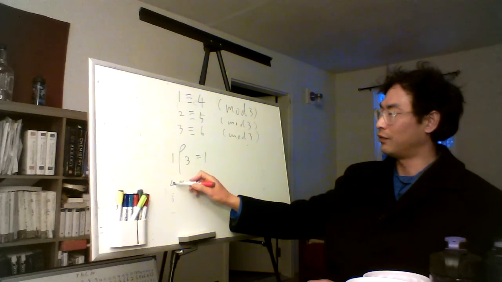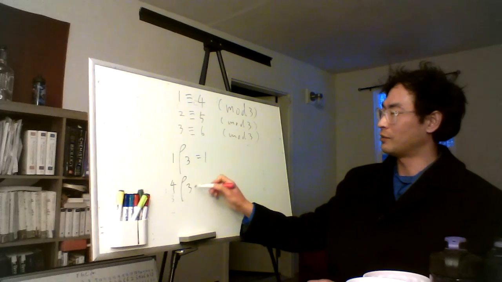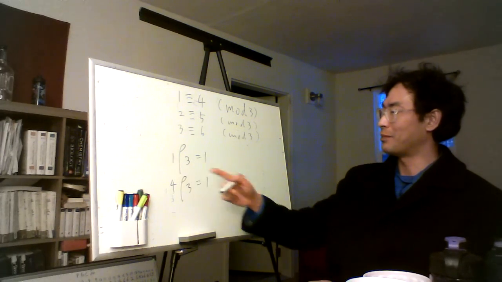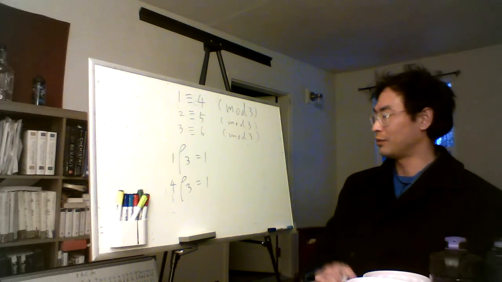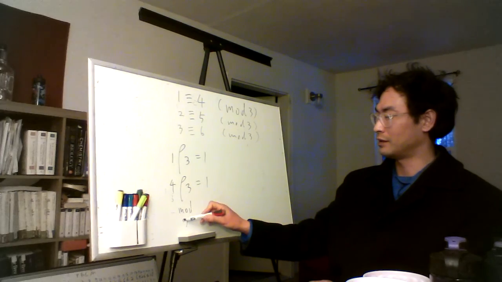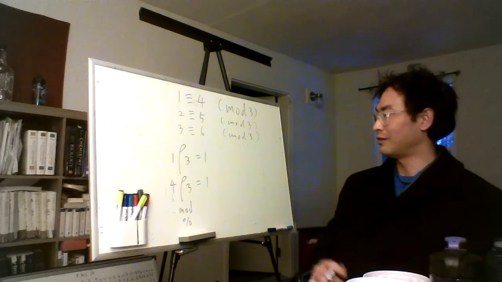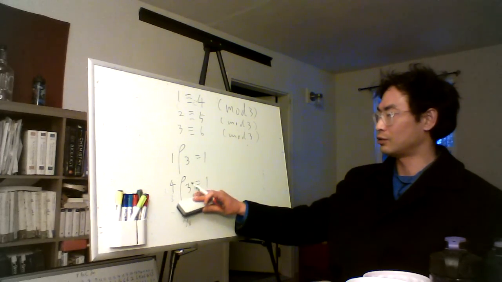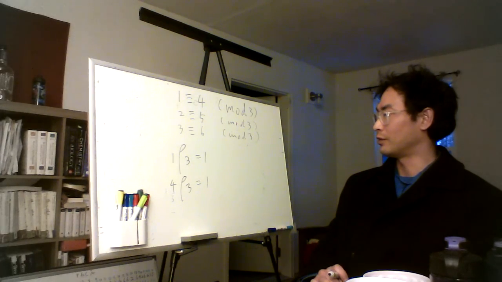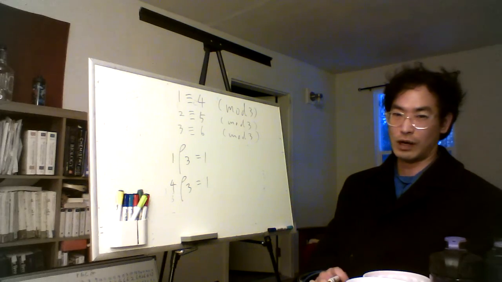If you divide 4 by 3, what's the remainder? 1. So this remainder operator, in some other programming languages, they use mod or percent. We just use rho. It's easier to write. It's the Greek letter rho, for remainder. So that's what rho algebra is about.